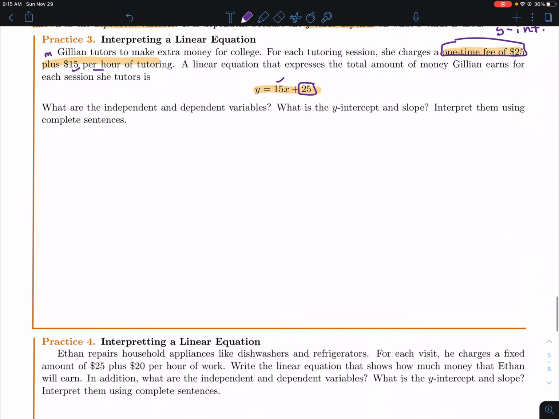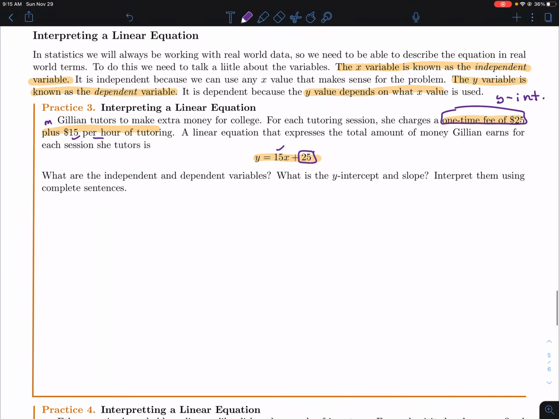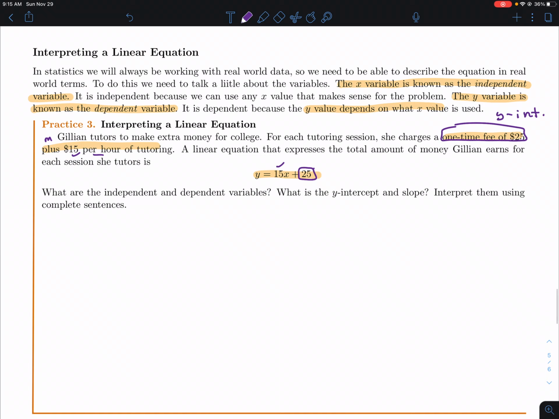I've already worked on this one, so I might as well do this one for you guys. In this case, the independent variable is going to be the hours of tutoring that she does. And the dependent variable is the amount of money that she earns from tutoring.